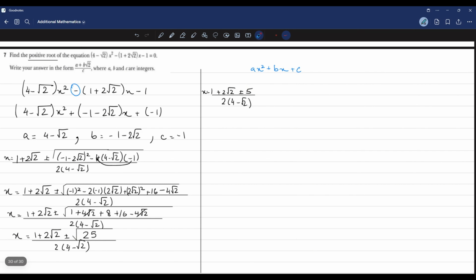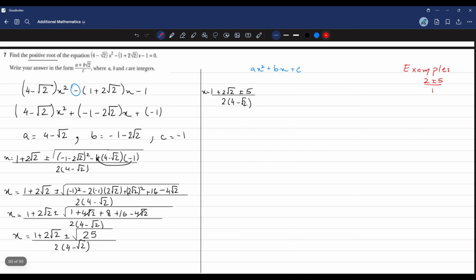That's common sense. So if we don't take that negative consideration, we would actually be saying that we are not going to get the negative root. For example, let me just give you a short example. If I would have something like 2 plus minus 5 divided by 1, okay?